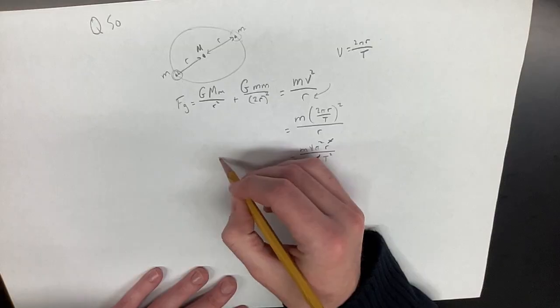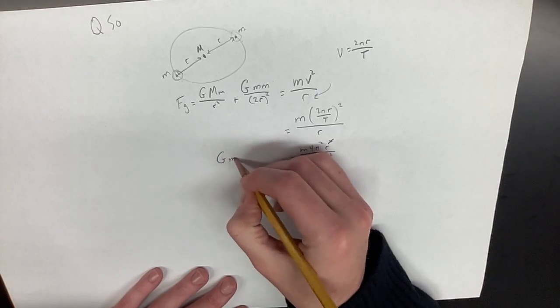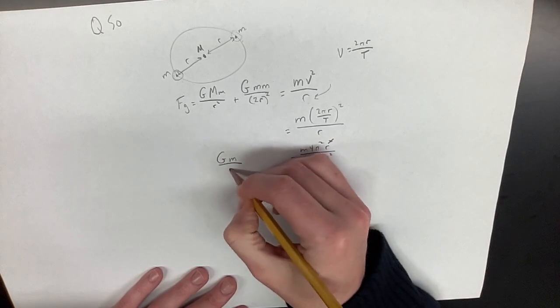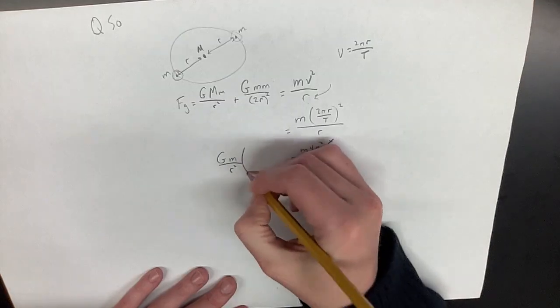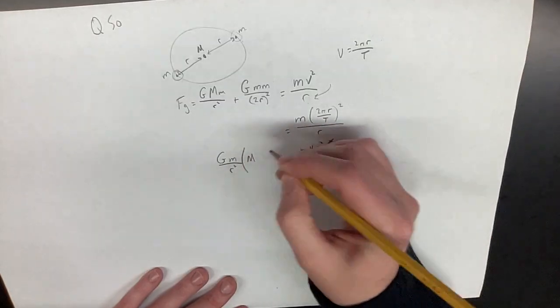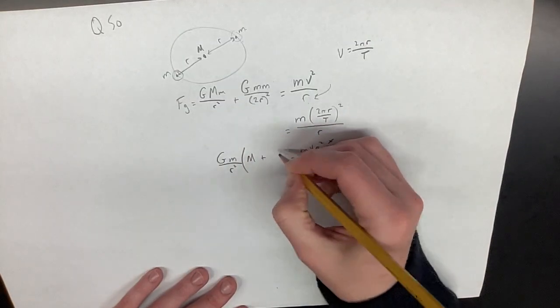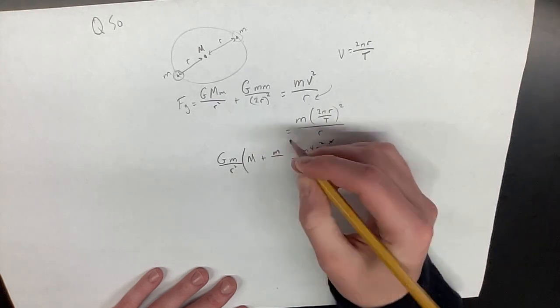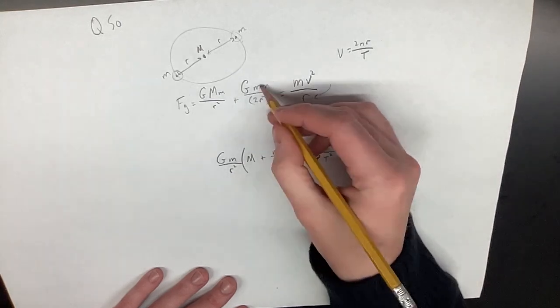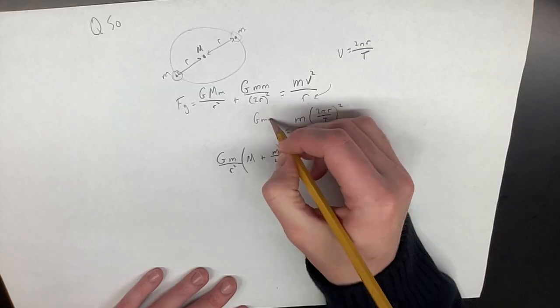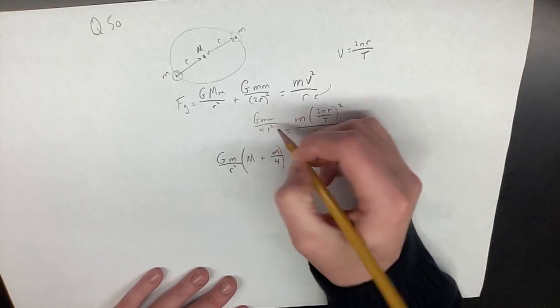Over here, I've got G little m over r squared, leaving me just with a big M, a little m over 4, right? Because this would have turned into GMm over 4r squared.